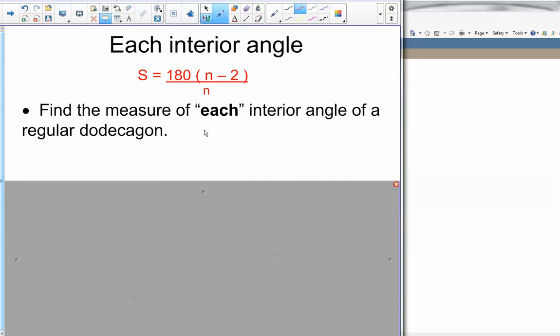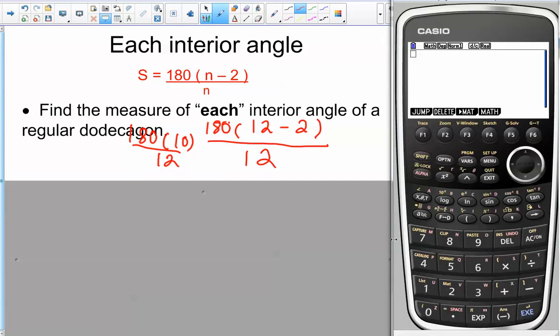Okay, so we got 180 times 12 minus 2 over 12. Okay, so that's 180 times 10 over 12. And I could pop up my handy dandy calculator right here.